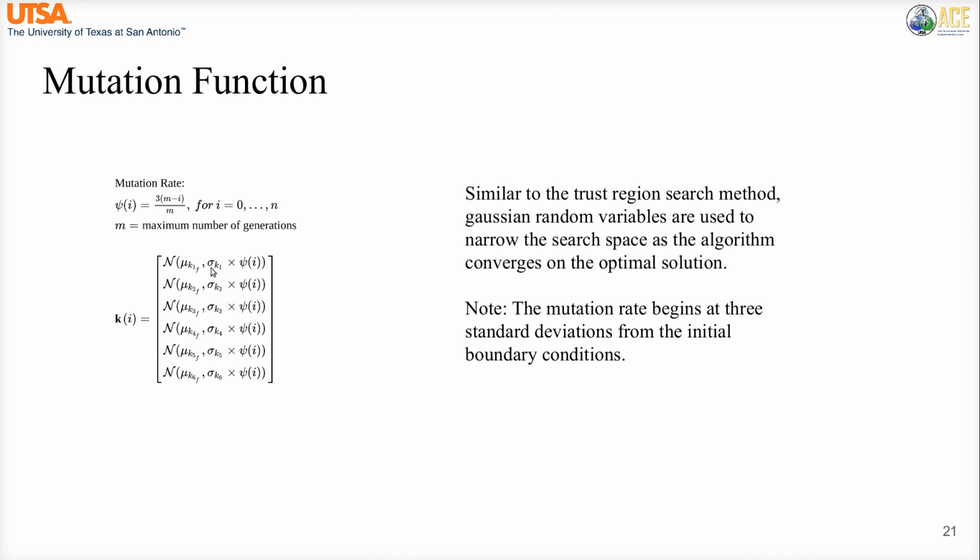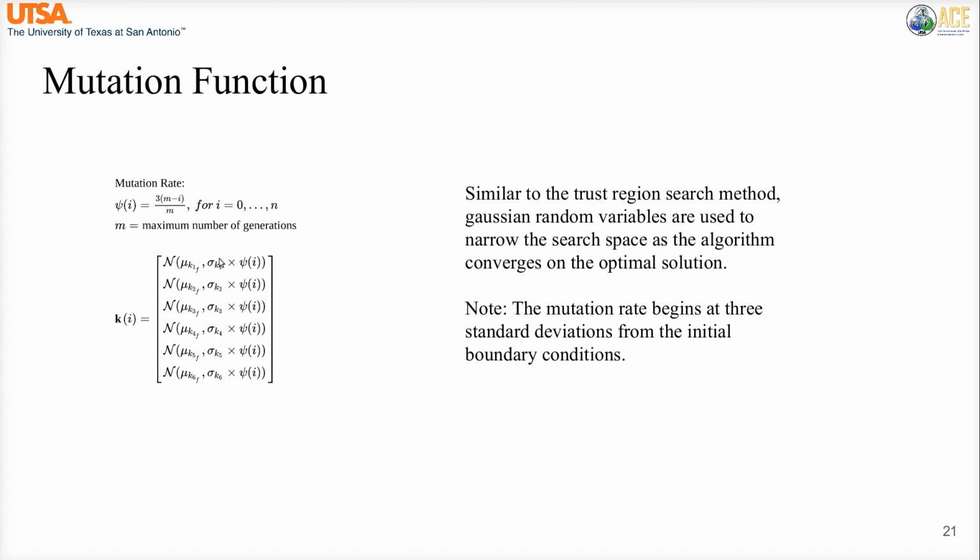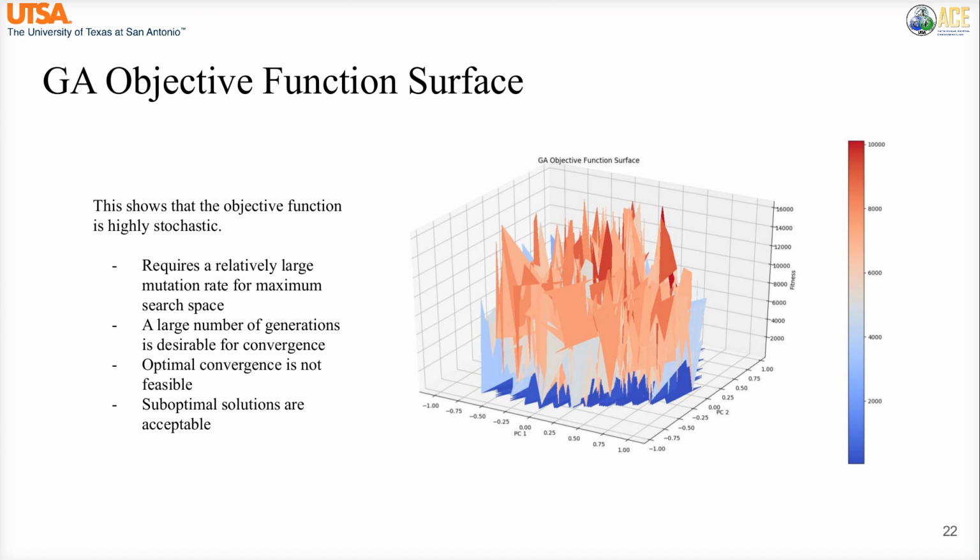It starts at 3 standard deviations to get a good search space, and then as the evolution continues, the search space continually gets smaller and smaller until it eventually converges on an optimal solution. So it's fairly similar to the same trust region search method as seen with the noise function optimization.